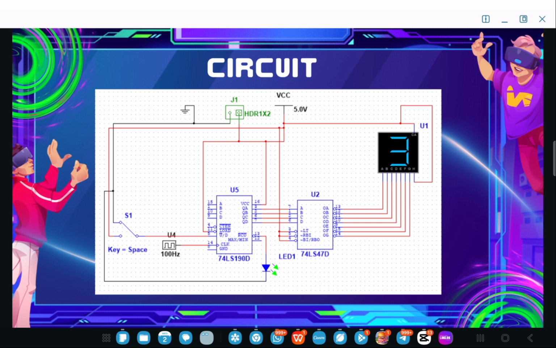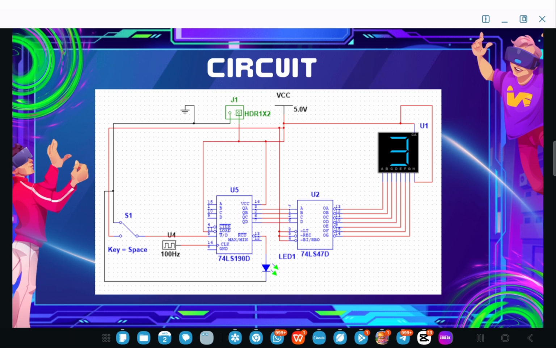Second, JK flip-flops, we have 4 units. We use 4 JK flip-flops labelled Q0, Q1, Q2, Q3. Each flip-flop stores 1 bit of the binary count. So together 4 flip-flops can count from 0000 to 1111, basically 0 to 15.